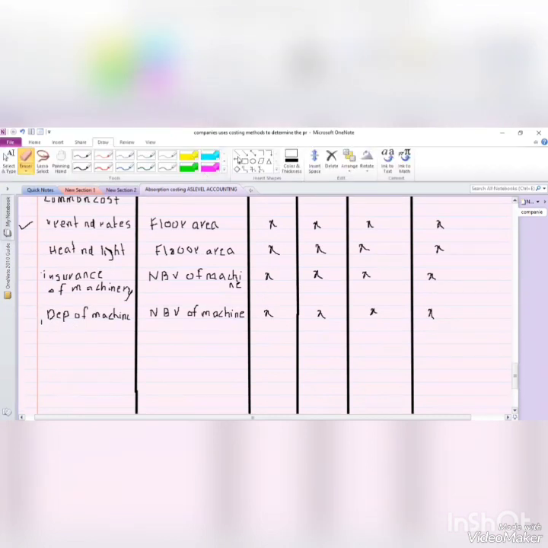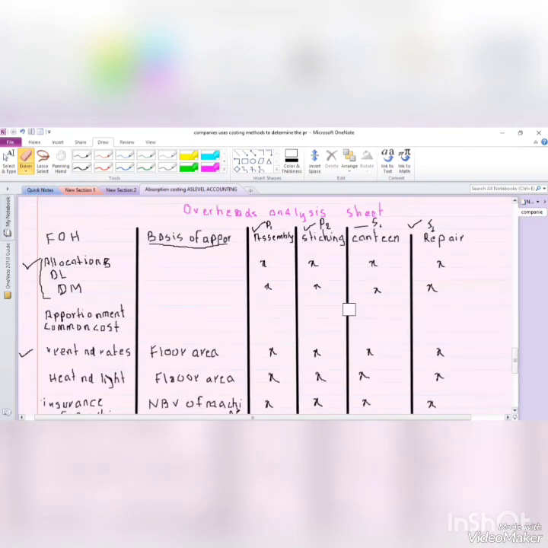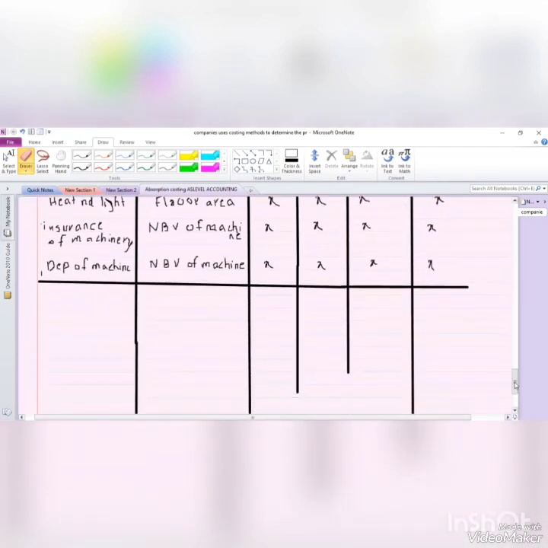You just need to total it here: direct labor, direct material, and all these common costs which we just calculated.